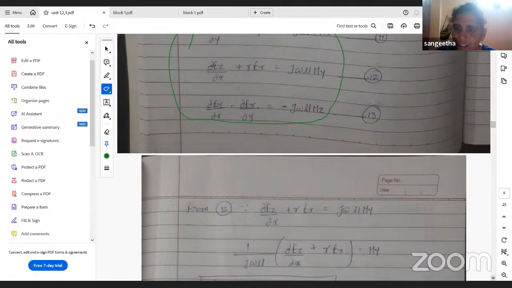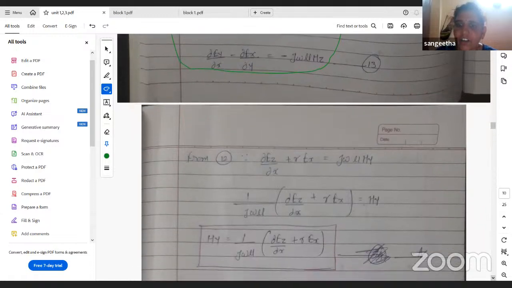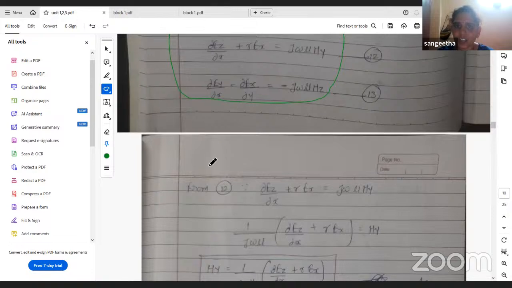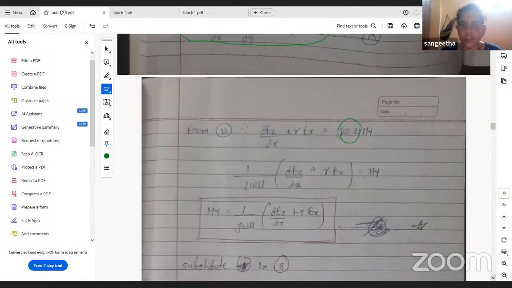From this I am calculating Hy. j omega mu, you bring to this side, so it is in the numerator on one side and comes to the denominator on the other. Hy equals 1 by j omega mu times dou Hz by dou x plus gamma times Ex.